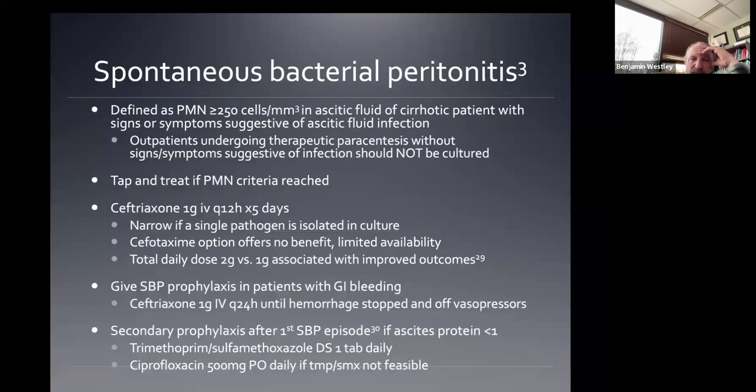The evidence is not great, but the guidelines endorse either Bactrim or ciprofloxacin. The oldest data was actually from one of the quinolones that's not available anymore, and so it's just been extrapolated to ciprofloxacin daily, just a daily dose. Bactrim, I try to use Bactrim when I can. Some of these patients have renal failure or hyperkalemia, which prevents using Bactrim.